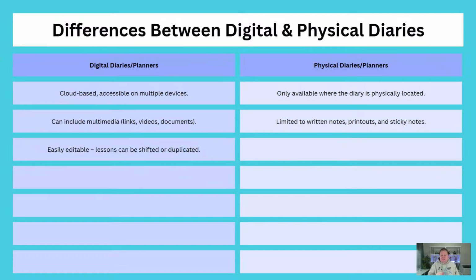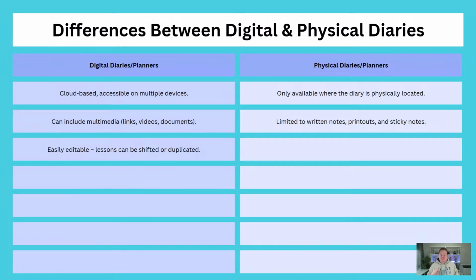Our third reason is that a digital diary or planner is easily editable. You can shift your lessons, you can duplicate them, you can do all kinds of things. If things happen, you're sick, you need to take a day off, something is happening in terms of a cohort meeting, or there's some kind of presentation, I'm going to show you with Planboard how easy it is to shift a lesson to another day.